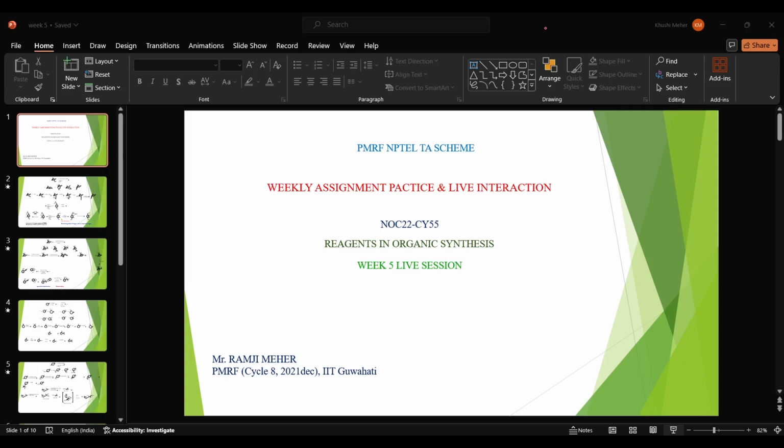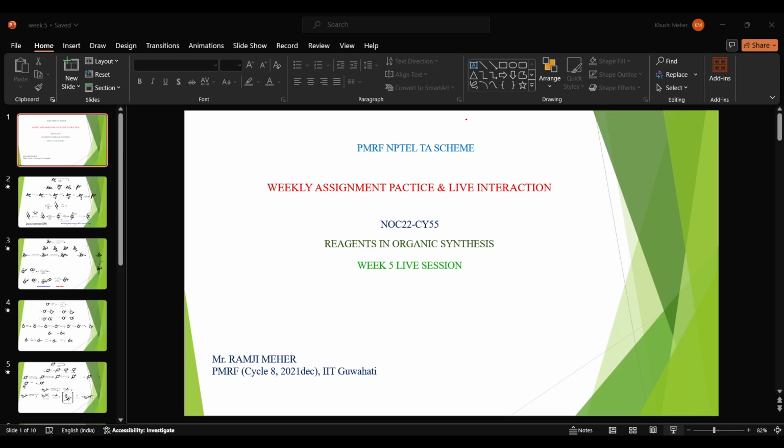Once the reaction starts, the rest of the aryl halide, or aliphatic halide, you just add dropwise, either in an ice bath or sometimes even at room temperature, to complete the synthesis of the Grignard reagent.